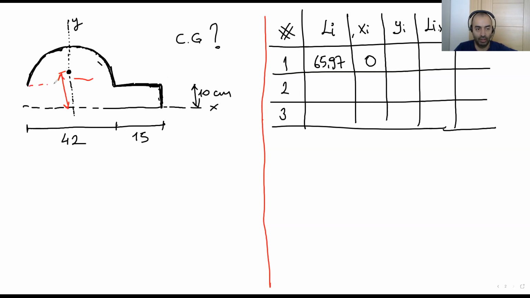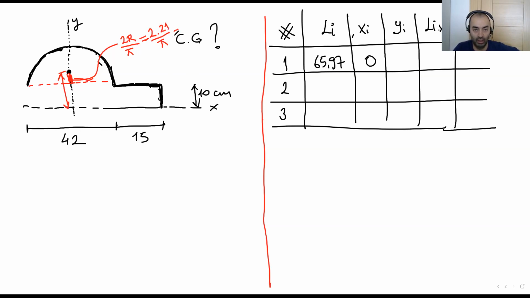So firstly, we need to calculate this part and then sum it with 10. What was the rule for this part? 2r over pi. So 2 times r, what is r? 21, over pi.